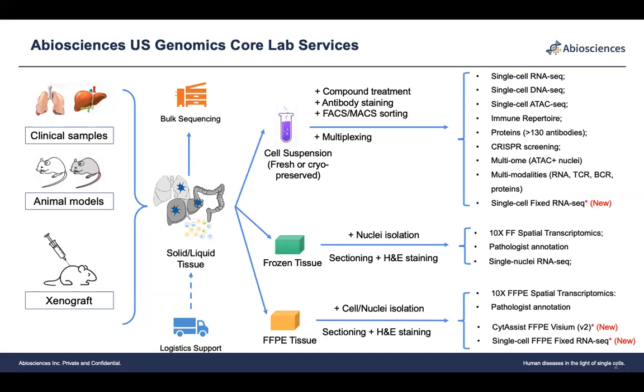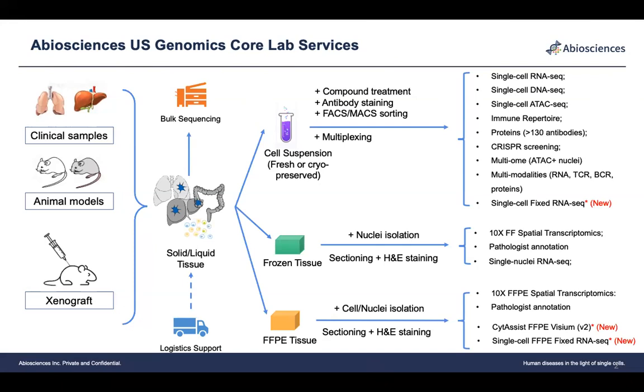about in the near future together with 10x Genomics. So this is actually using the FFPE tissue where we isolate the cells and nuclei, as illustrated at the bottom here. And for the spatial transcriptomics, our laboratory is capable of working on both frozen tissue and FFPE tissue.